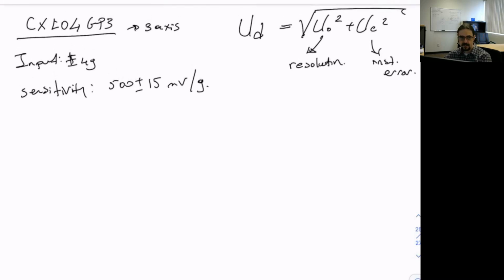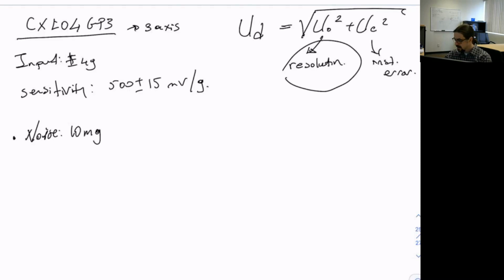Okay, I'm going to move the screen a little bit down because you're not able to see the top. Now the goal here is to figure out what is the resolution. So one particular item that you have found in the spec sheet is related to noise, okay, and the noise was given as 10 microGs times voltage RMS.